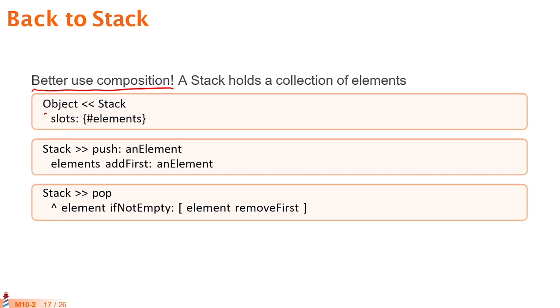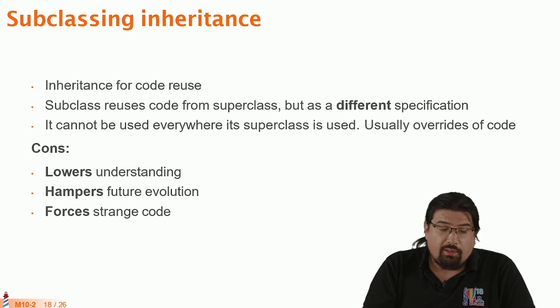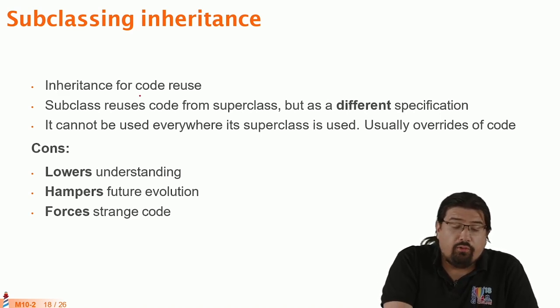Our stack is implemented using a collection inside, which could be an ordered collection, and we can directly use it in this way. So it's always better to use composition before using subclassing when it's not needed. Remember, subclassing or inheritance is intended for code reuse.